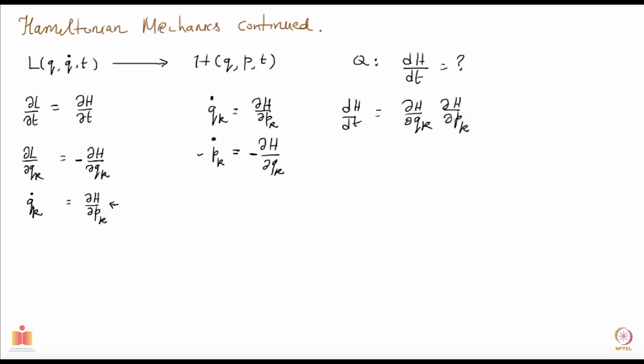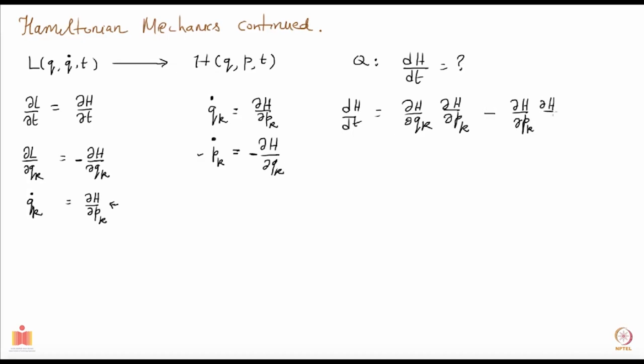Plus I will take the derivative with respect to P, because H is also a function of P, and there are several of them, so let me call it Pk and sum over all the k. And then you have a Pk dot here, but Pk dot is minus ∂H/∂Qk, so I put a minus here.